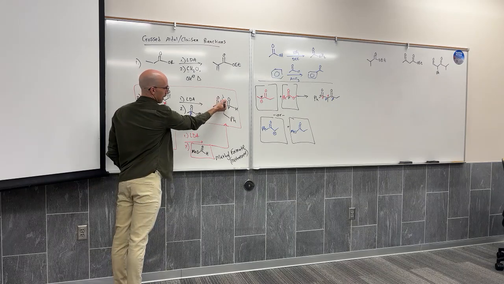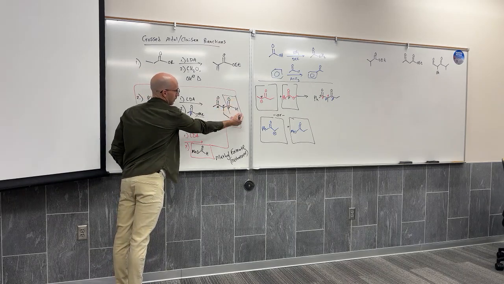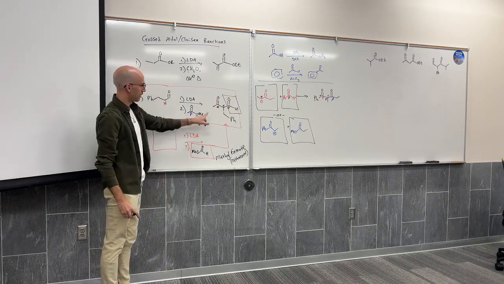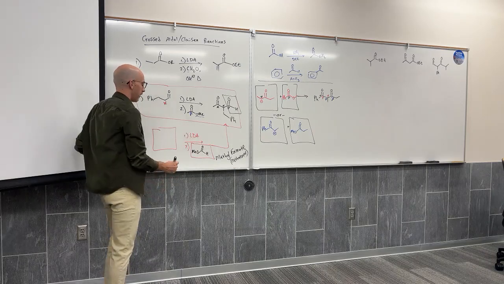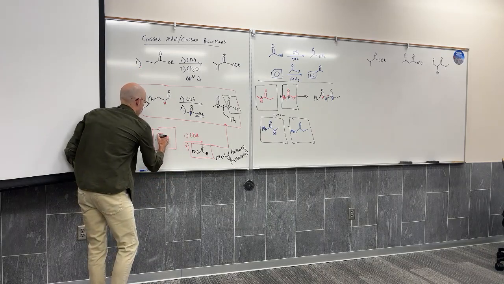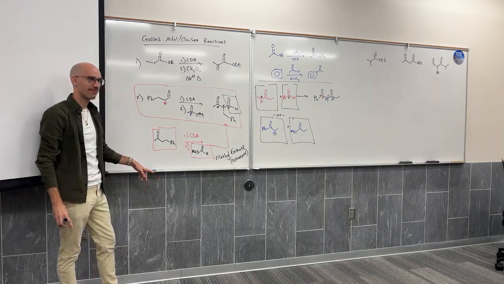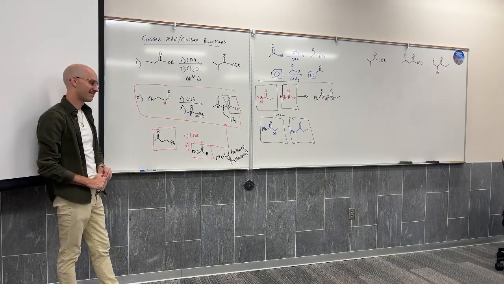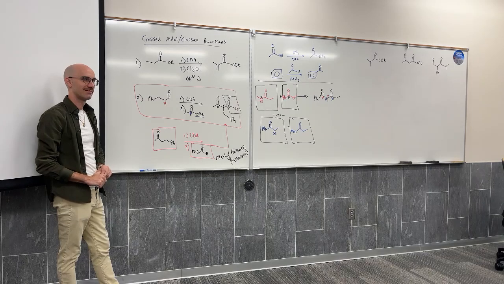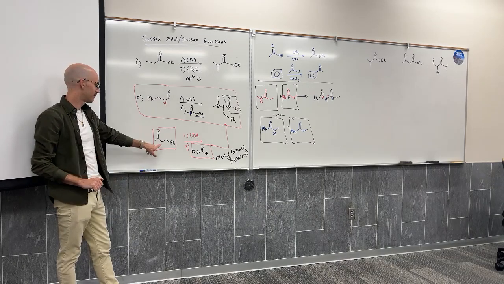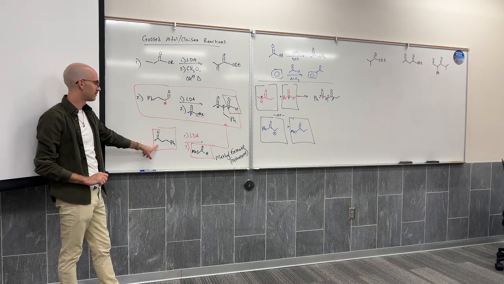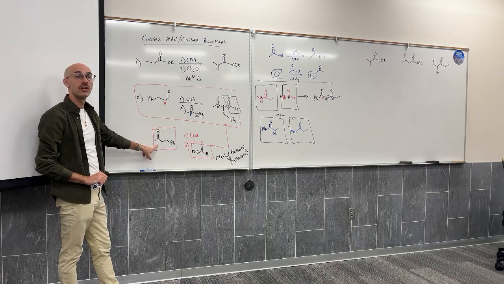Because I cleaved alpha and beta, and I've already got this group, then it's just whatever else is left. One more time. Phenol. Wait, that's not it. Which is the one, 5-phenyl-2-pentanone, 4-phenyl-2-one.